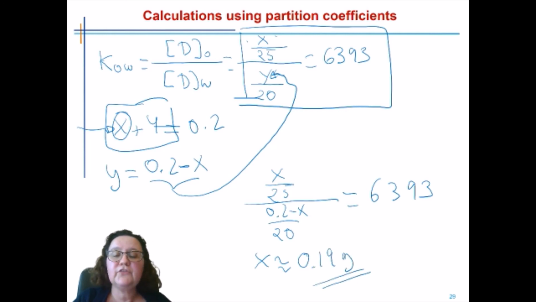So of those 0.2 grams of diazinon, around 0.19 grams have gone to the octanol, and only a very small proportion, 0.01 gram, has stayed in the water.